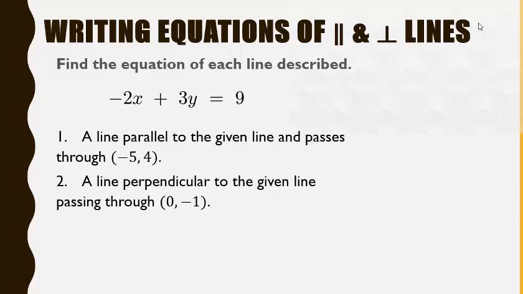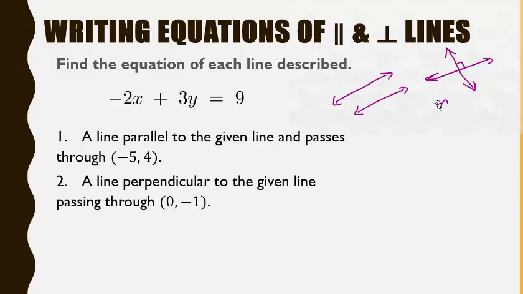So we also want to be able to write equations of parallel and perpendicular lines to a given line. Parallel lines are lines in the same plane that never intersect. You can see they're slanted at the same angle and thus would have the same slope. Perpendicular lines don't have the same slope, but their slopes do have a relationship.